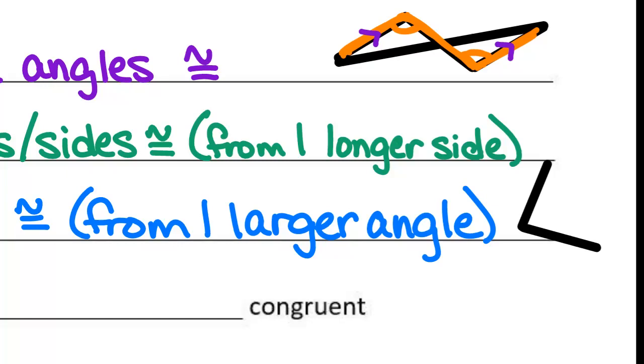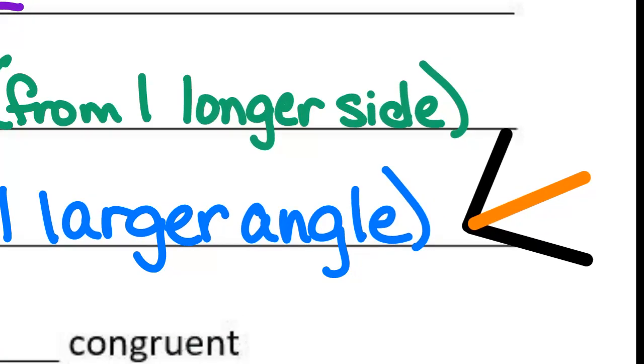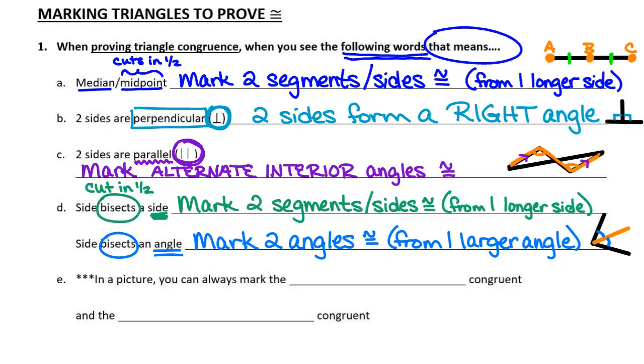So I'm going to draw a little picture here. If I have a big angle like this, and I am told that this orange segment right here is bisecting it, then that means that the two smaller angles that are formed are congruent to each other.